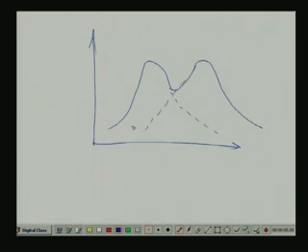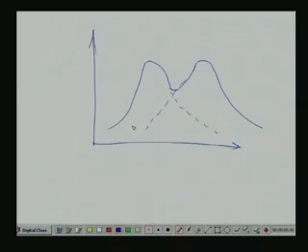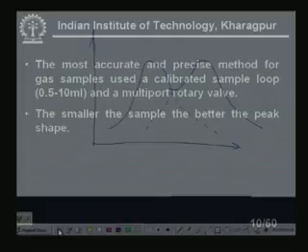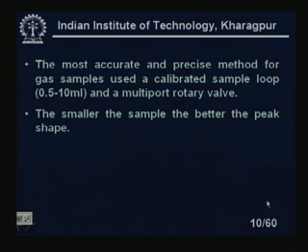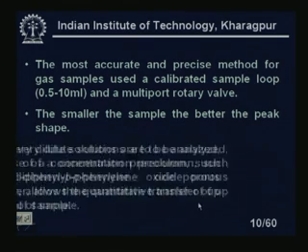So it is very difficult to find the area under the curve from this graph. This is the other reason why we give so much emphasis to a small quantity of sample. The smaller the sample, the better the peak shape.